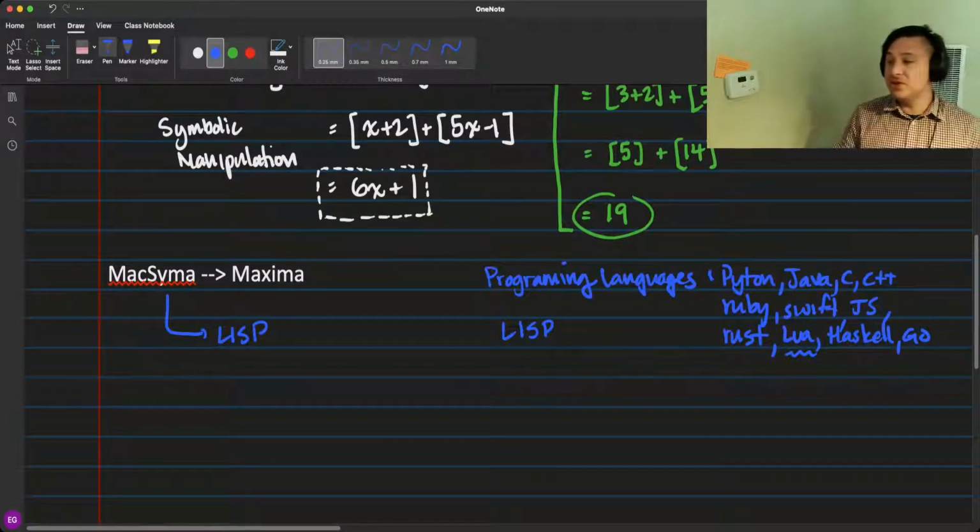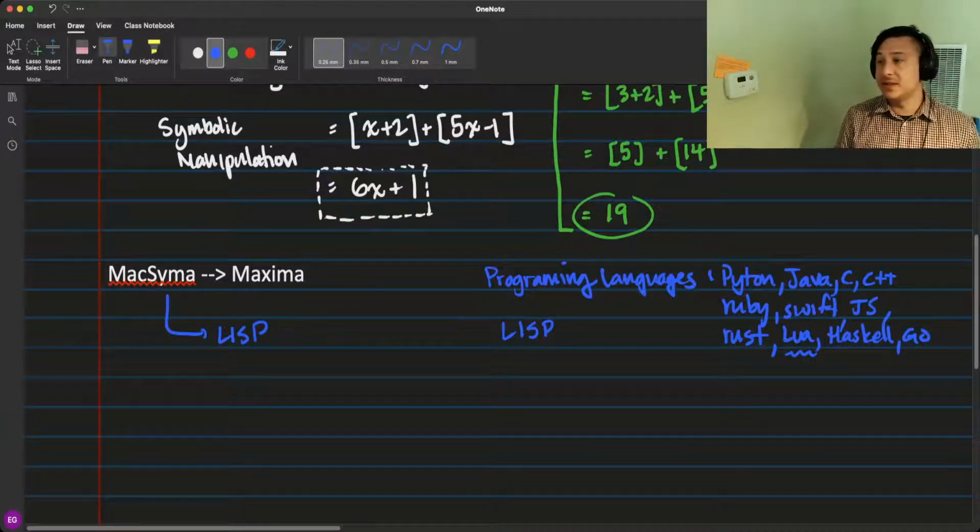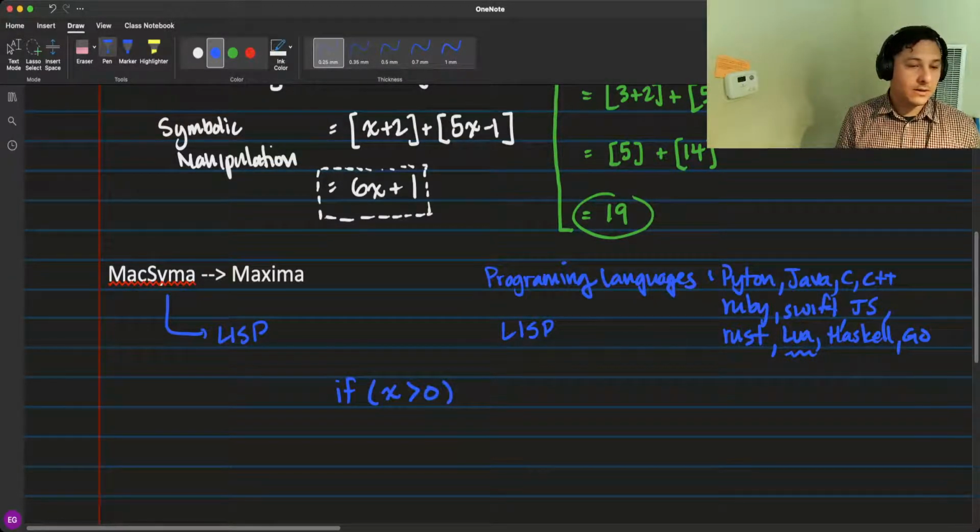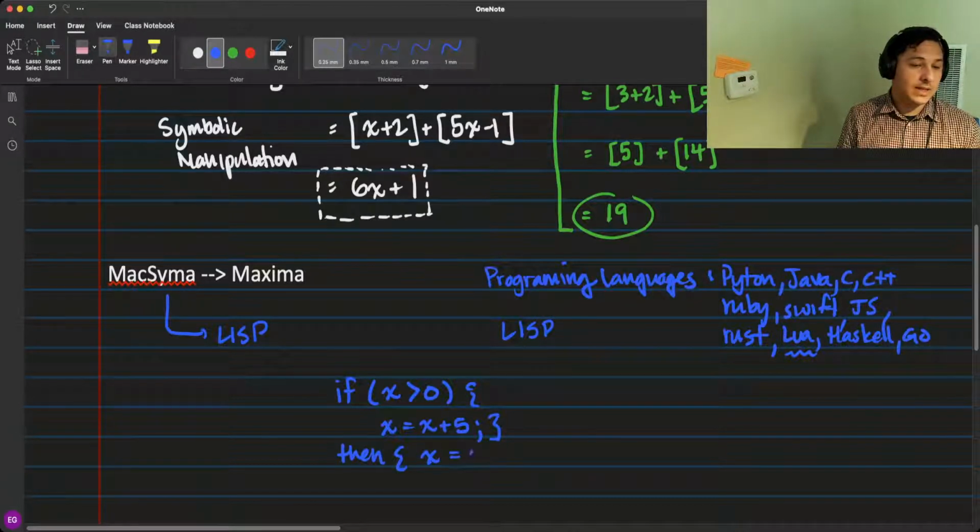Let's just use an if statement. Everyone knows what an if statement is, right? So in C, you could say something like, if x is greater than 0, bracket, you'll do something like x equals x plus 5, semicolon, and bracket, and then you could say else x equals x plus 1.